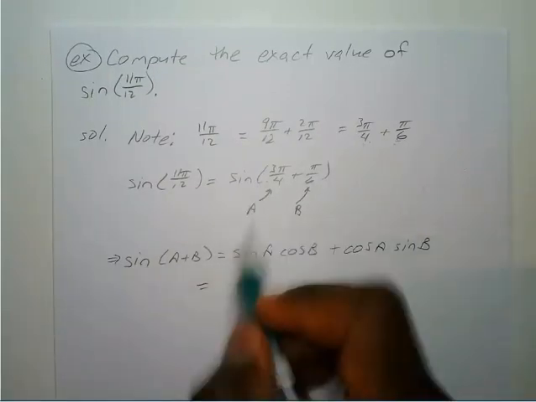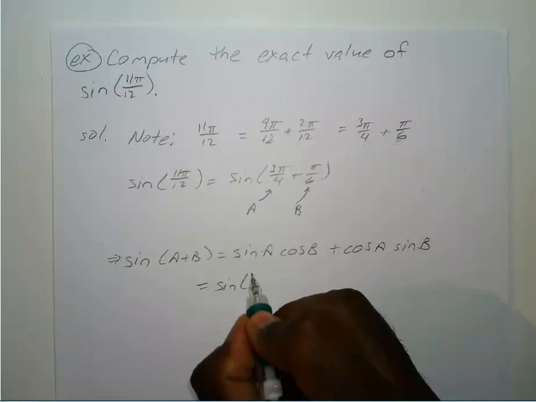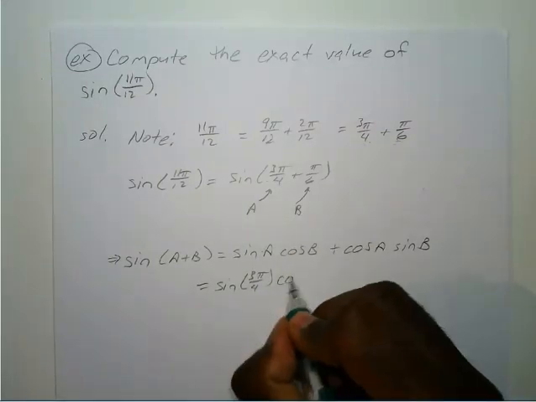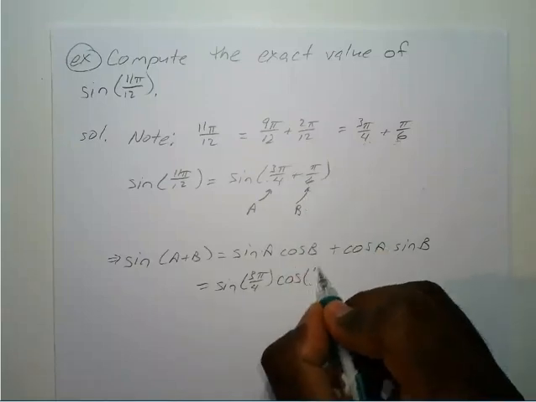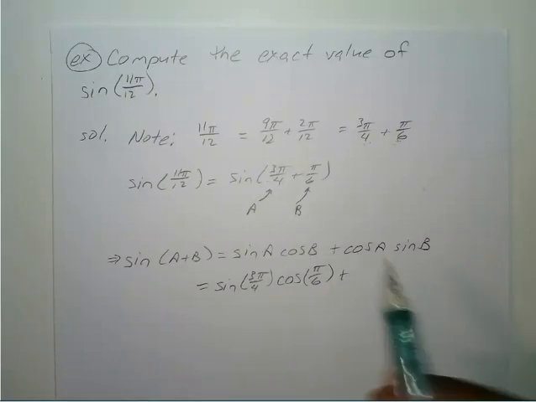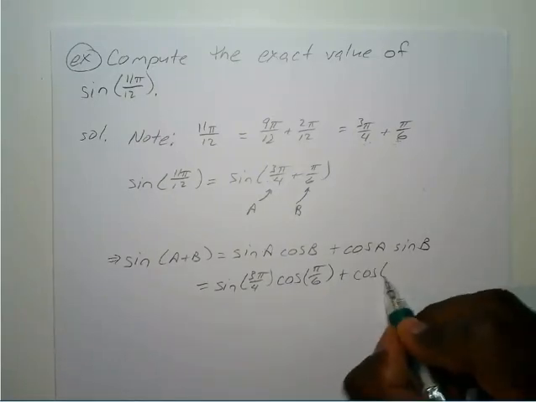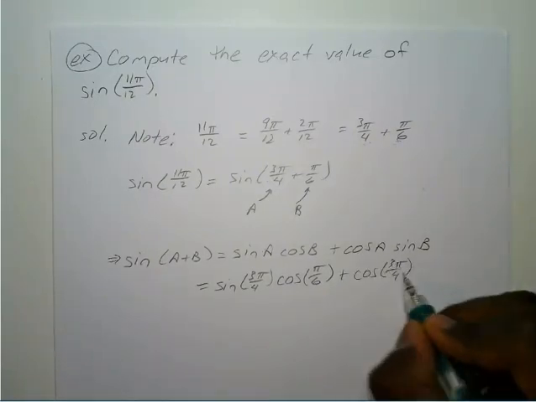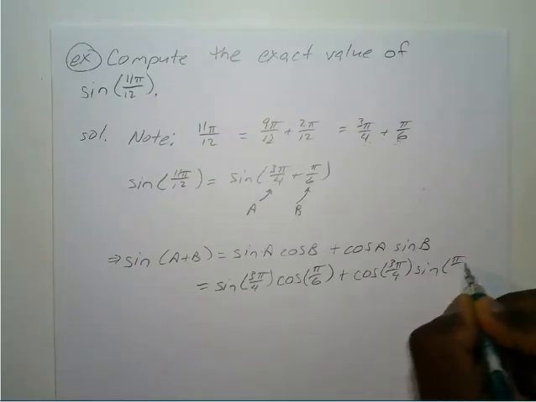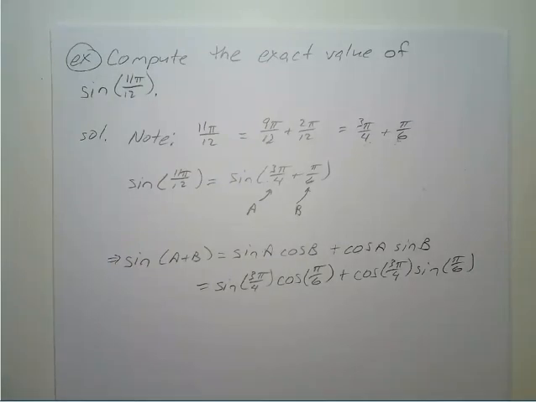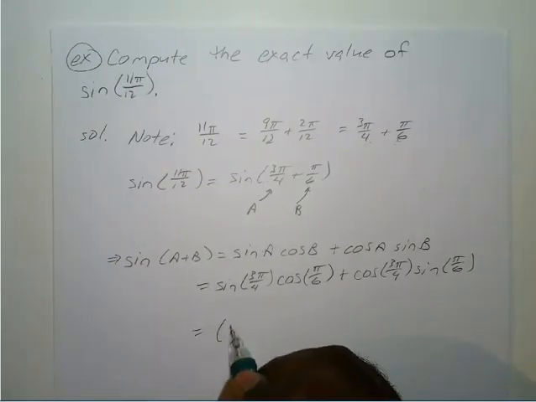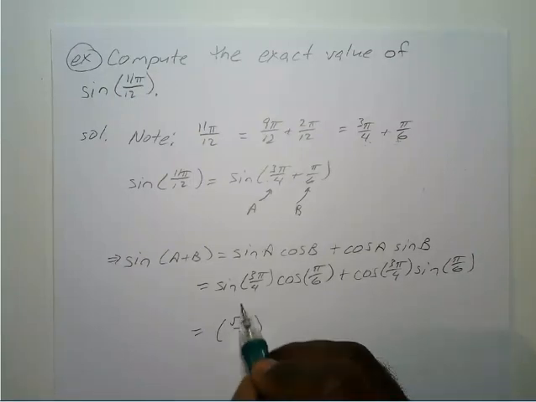So you have your A: sine of 3 pi over 4, times cosine of B, which is pi over 6, plus your cosine of A, which is cosine of 3 pi over 4, times sine of B, so that's sine of pi over 6. Sine of 3 pi over 4 is square root of 2 over 2.